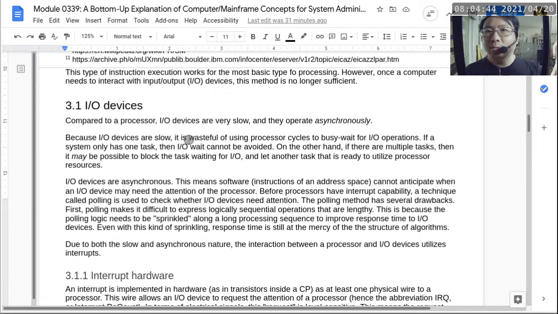So I'm going to get the attention of the processor, which is actually more like getting the attention of the operating system, so I can say, I just received a packet. I don't know what to do with it, but I think you know what to do with it. So give me some attention so I can give you that packet and you can decide what to do with it. Those are all the various reasons why an input-output device might want to get the attention of, quote-unquote, the processor.